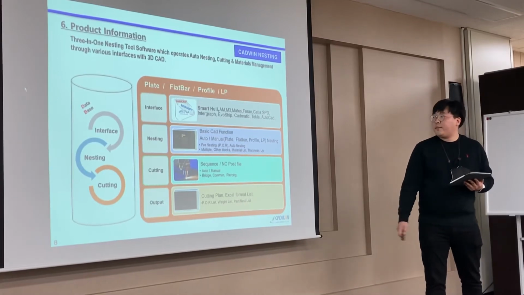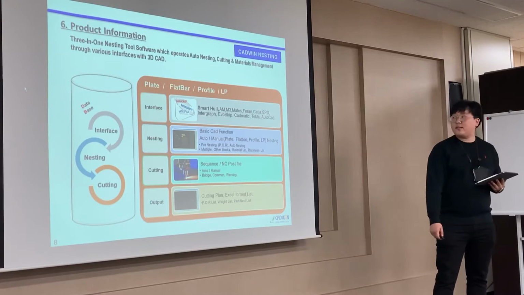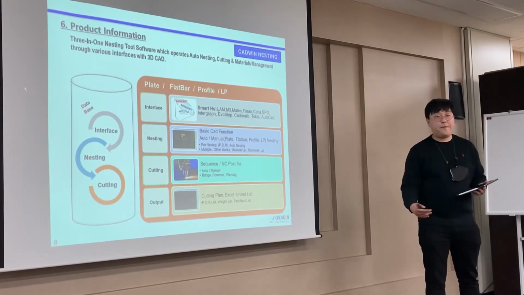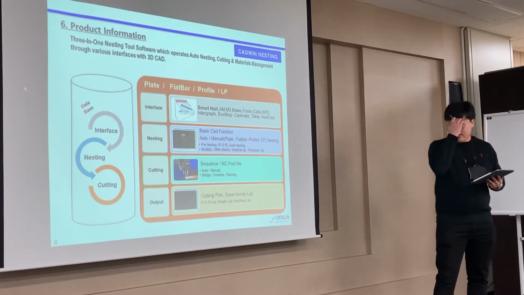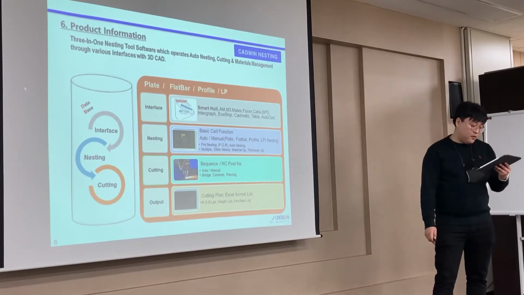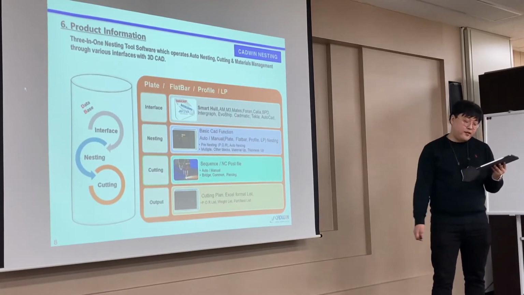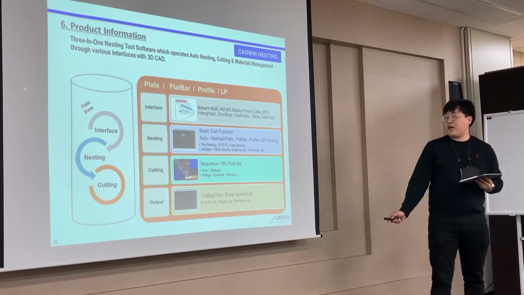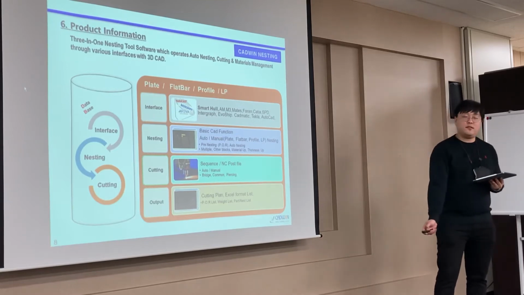For the nesting, plates, flat bars, profiles, and longitudinal padded plates can be simultaneously auto nested and manually nested. The cutting sequence for NC machines can be made automatically. And after that, you can output the cutting plans, also in Excel format.